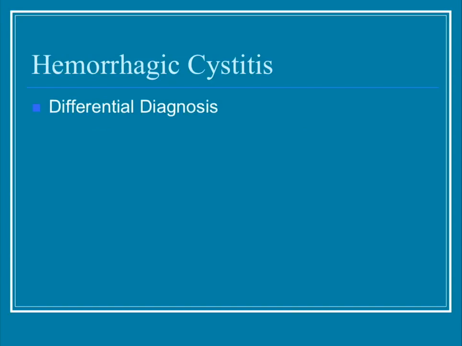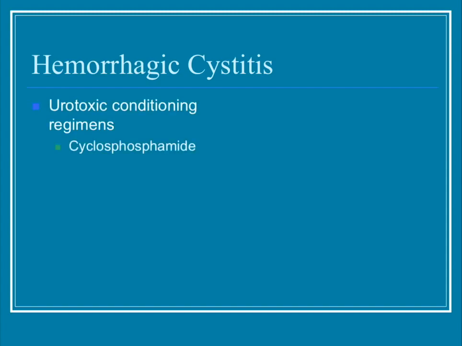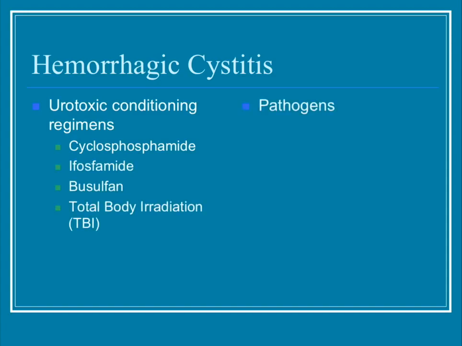From a different perspective, if you're looking at a patient who has hemorrhagic cystitis and you're wondering what is statistically causing this problem, you could ask, is it related to something I gave the patient? Chemo. So then you should realize cyclophosphamide, this is why we give them mesna, ifosfamide, more for solid tumors, busulfan, which we definitely use in bone marrow transplant, and TBI, also used in bone marrow transplant, versus pathogens.